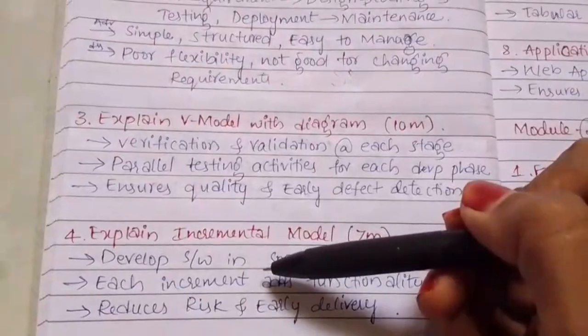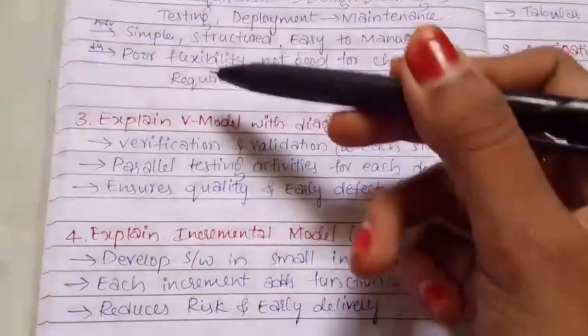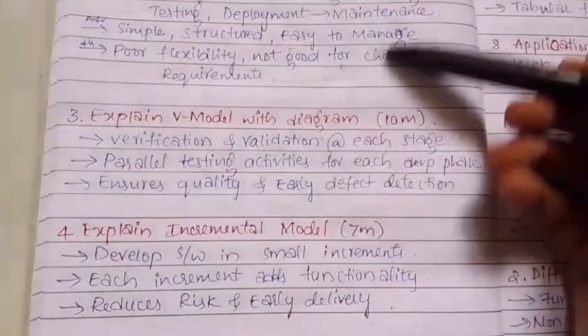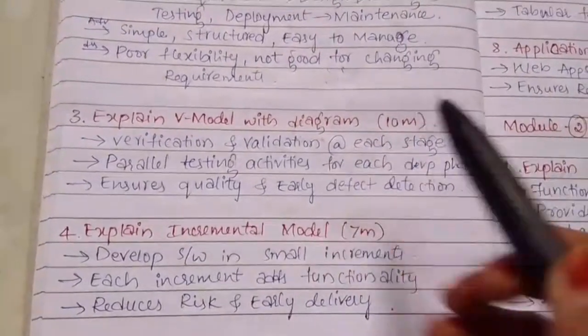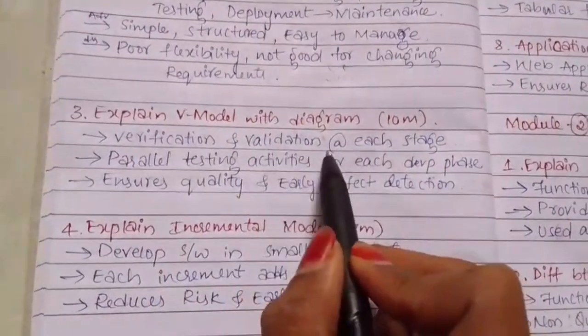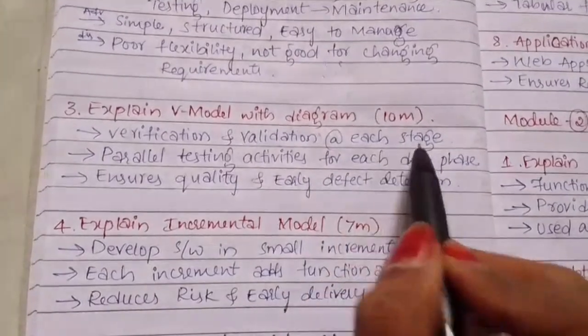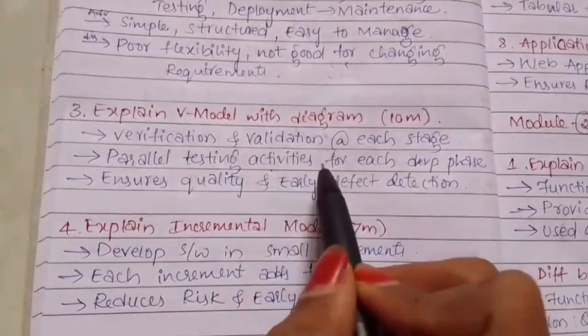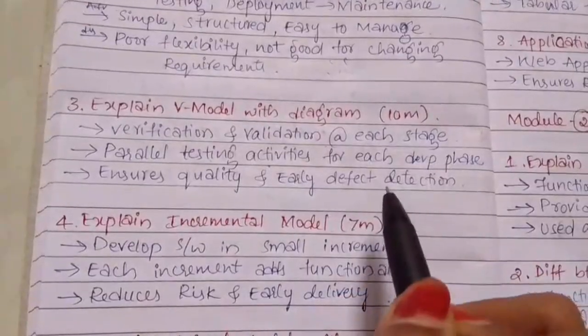Left side V is planning and the right side V is testing. That's why verification and validation at each stage and parallel testing activities for each development phase.